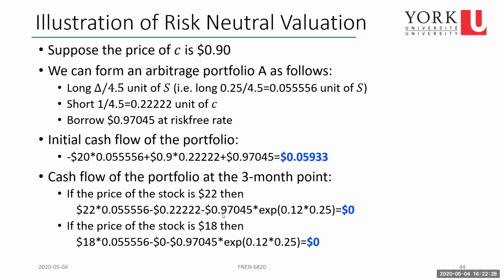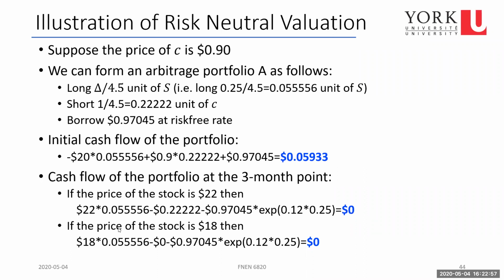The interest multiplier gives you the future value of your initial borrowing. If you put everything together, you will see that after you've done everything, your portfolio is now worth 0. So there's no cash flow. You don't have to give anybody anything.